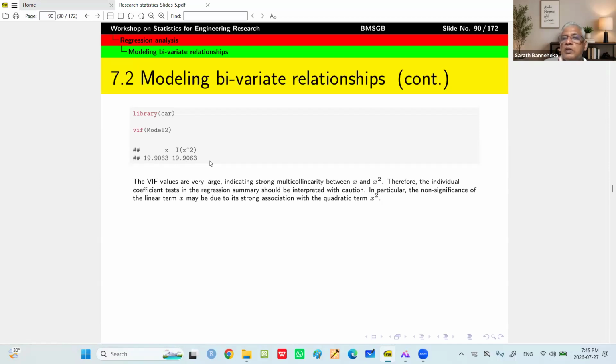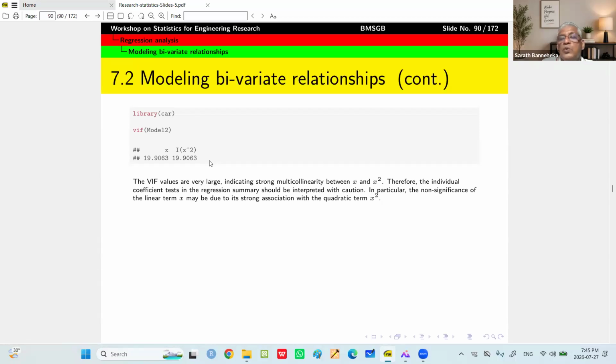Remember, I told you in the previous video that greater than 5 is considered moderately high, and greater than 10 is seriously high multicollinearity. So VIF values are very large, indicating strong multicollinearity between x and x square. Therefore, the individual coefficient tests in the regression summary should not be interpreted directly.